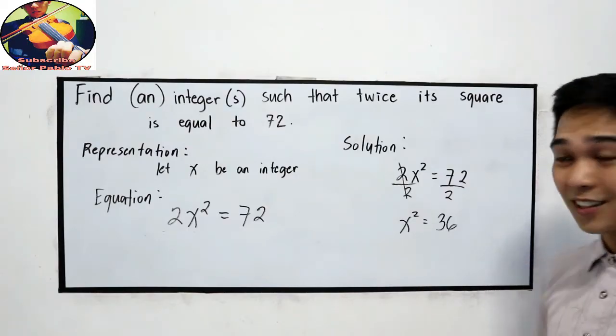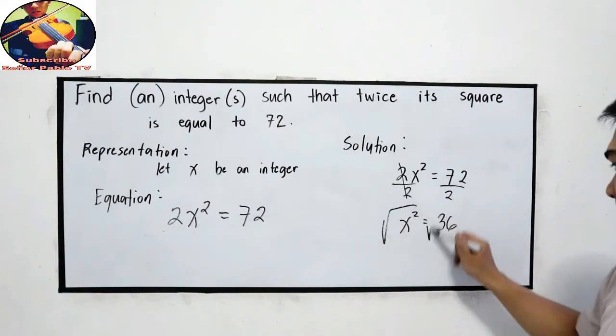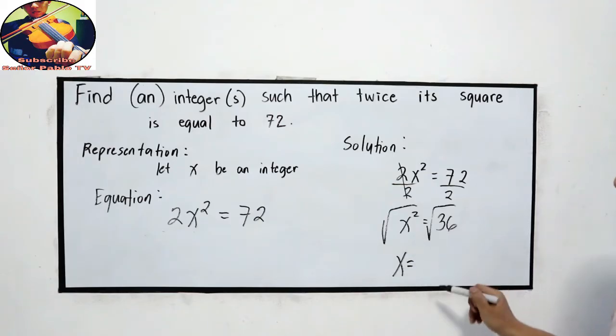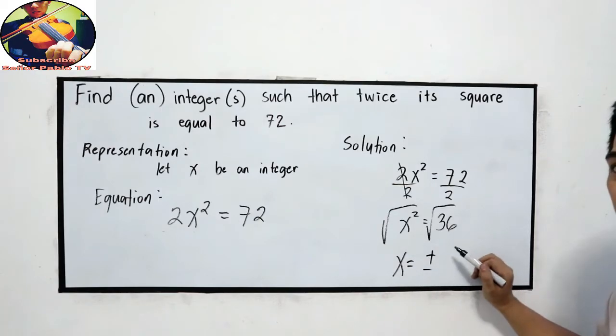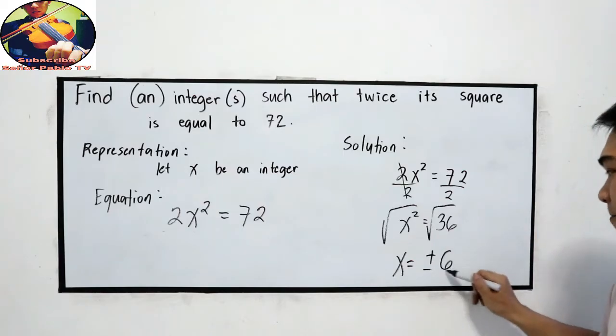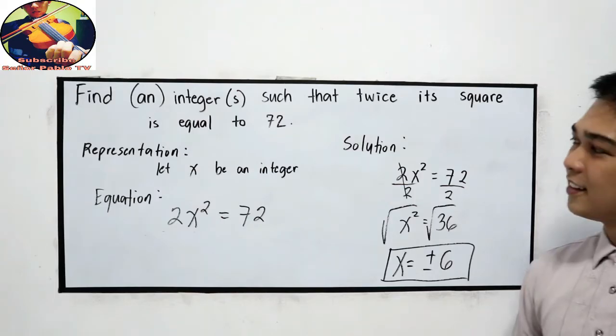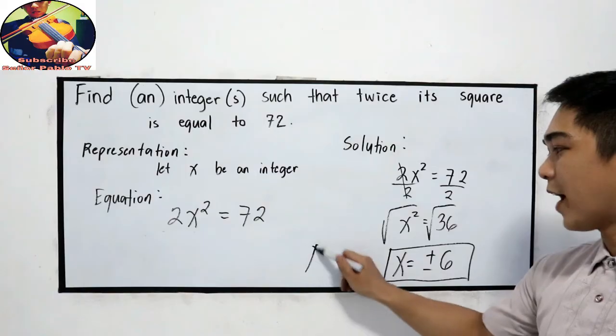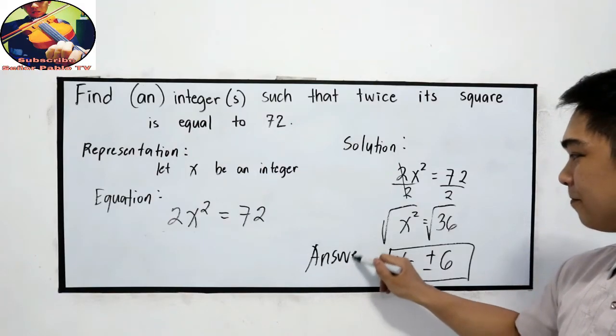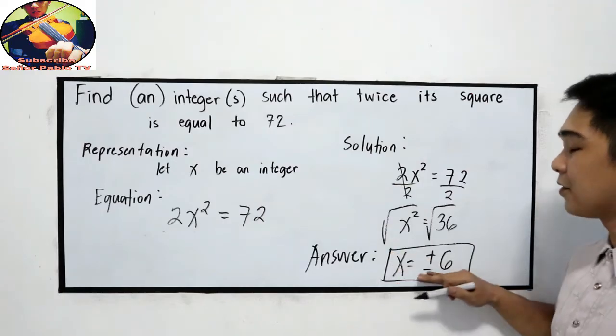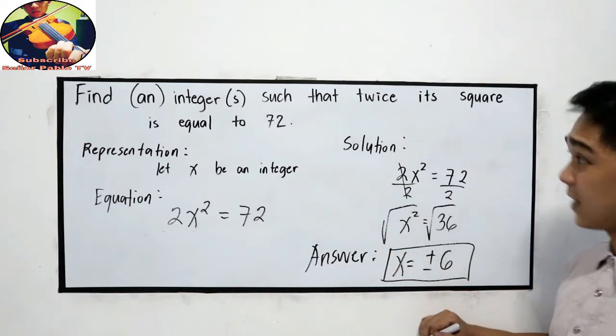X is equal to positive negative square root of 36, which is 6. Okay. So, this is our final answer: positive, negative 6.